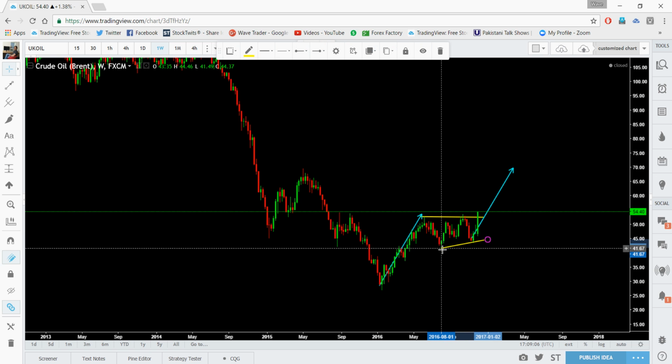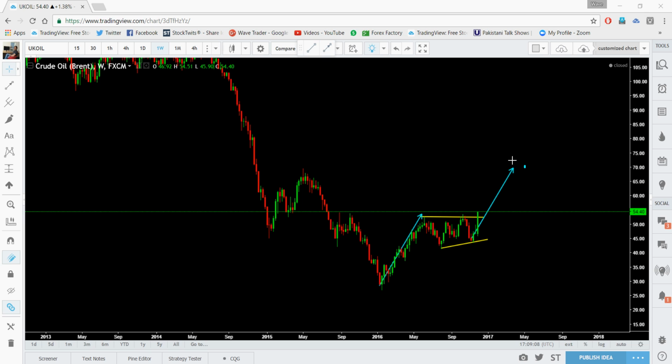Price can come up to this level on oil, around 70 or something like that, or even close to 60 or 65. So we are watching for this impulse.